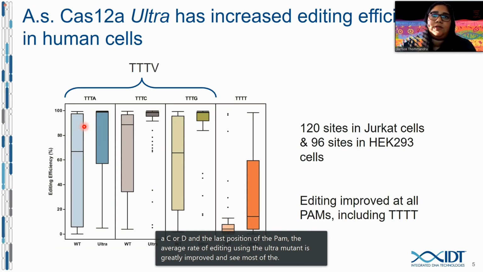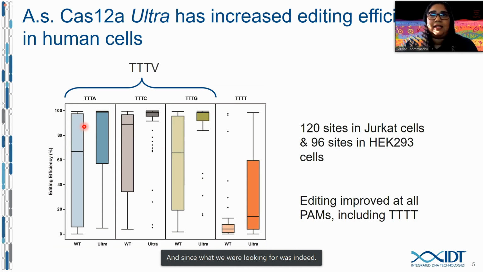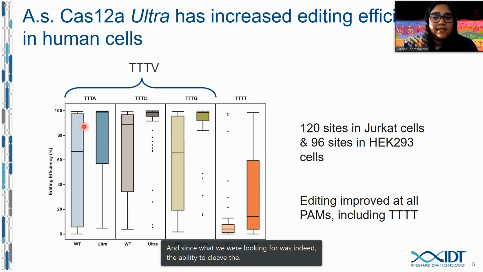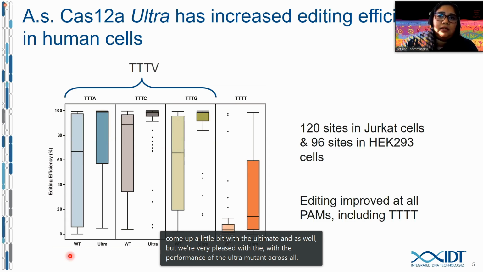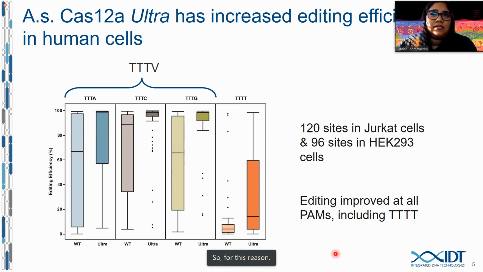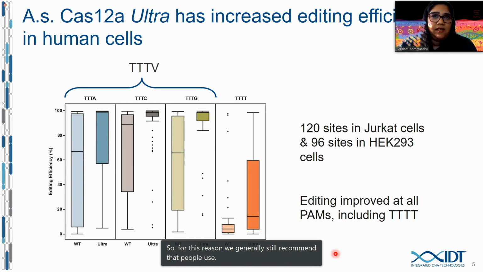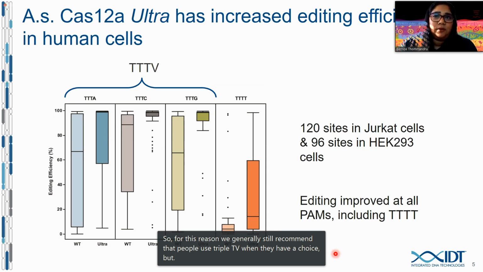You can see most of these come up to 99, almost 100% edited. And since what we were looking for was indeed the ability to cleave the quad Ts, we see that come up a little bit with the Ultra mutant as well. But we were very pleased with the performance of the Ultra mutant across all PAMs. So for this reason, we generally still recommend that people use TTTV when they have the choice, but these TTTTs do become available with the Ultra mutant.